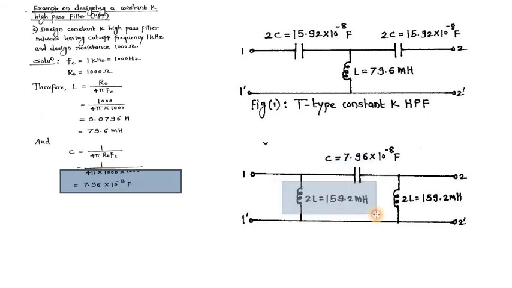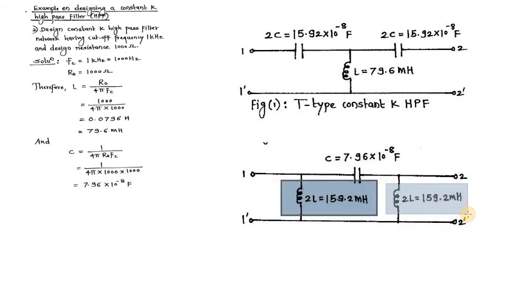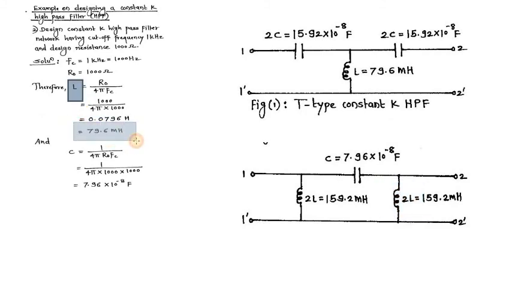But when two inductors are to represent one shunt arm and they are connected in parallel, you will get an equivalent inductance of L only when twice L is connected in parallel with twice L. So twice L parallel twice L will always be equal to L. If you want 79.6 millihenry as an equivalent inductance, then you should connect 159.2 millihenry in parallel with 159.2 millihenry.